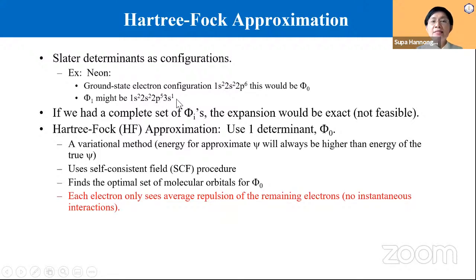This kind of electron is very active. It's a kind of valence electron, and it's quite easy for it to go away, or to make a chemical bond with other atoms or other molecules.